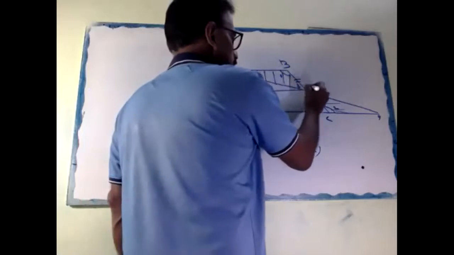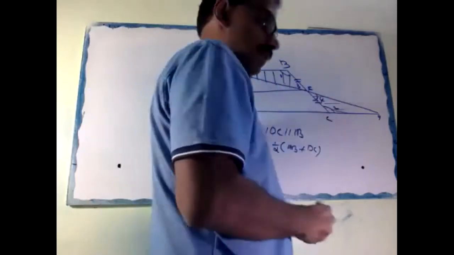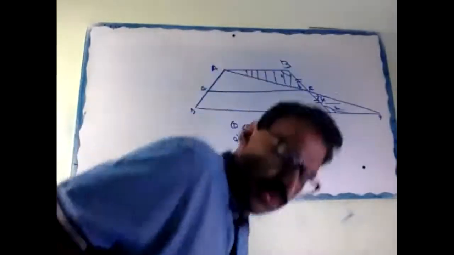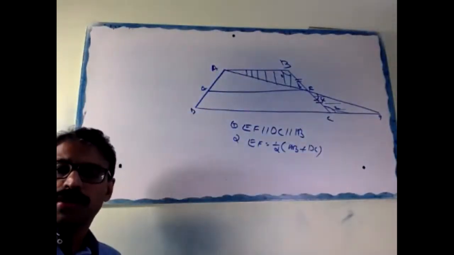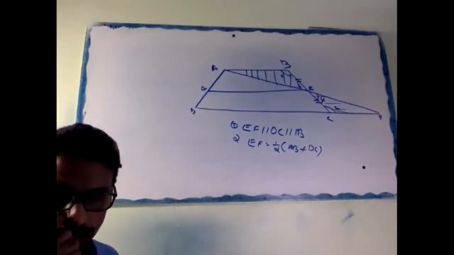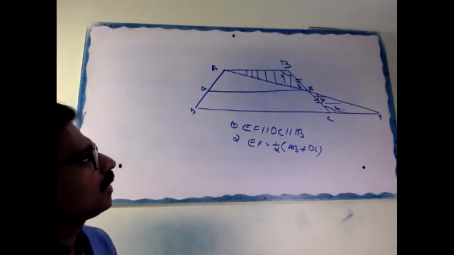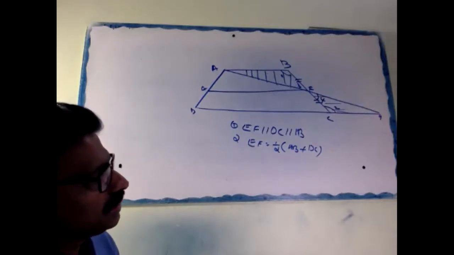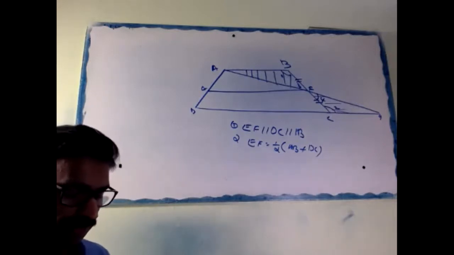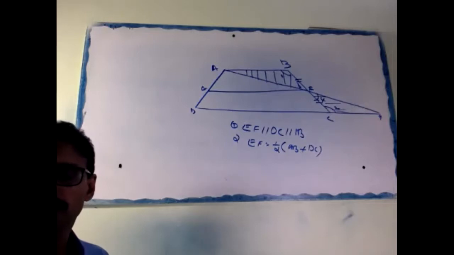Angle 3 equal to angle 4, vertically opposite angles. Therefore, triangle ABF is congruent to triangle GCF. Clear or not?